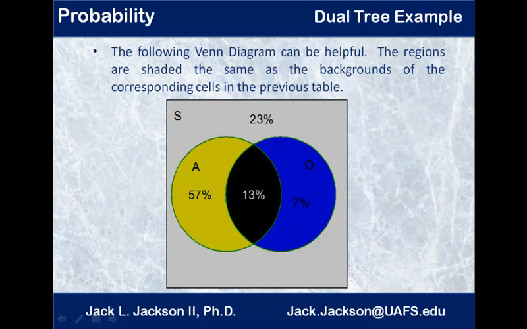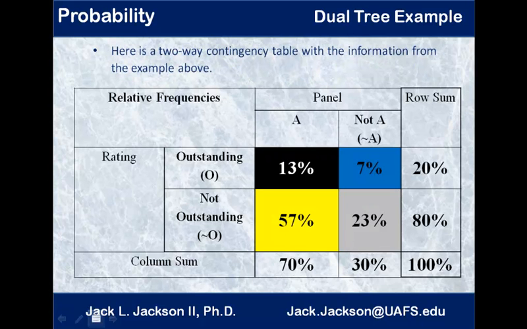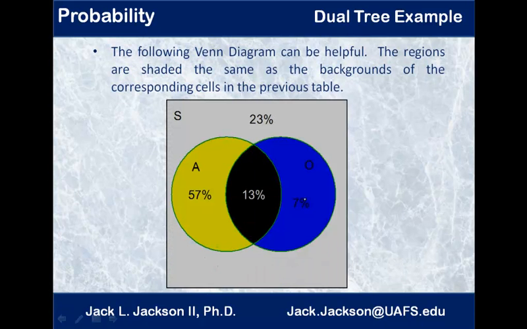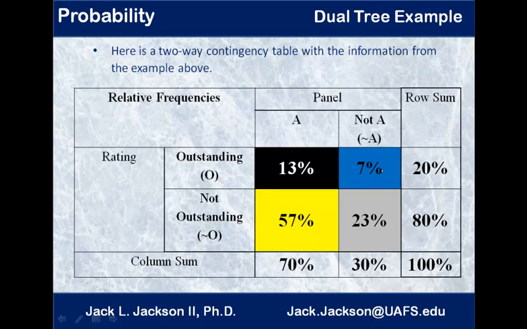We can also see the same information that was in the middle 4 numbers in that table, and the backgrounds are the same here, so if you want to go back and forth, you can see the 13% is the overlap of A and O, and that's the 13% here. The 7% is the part that's in O but not A. That's the blue background here, 7%.